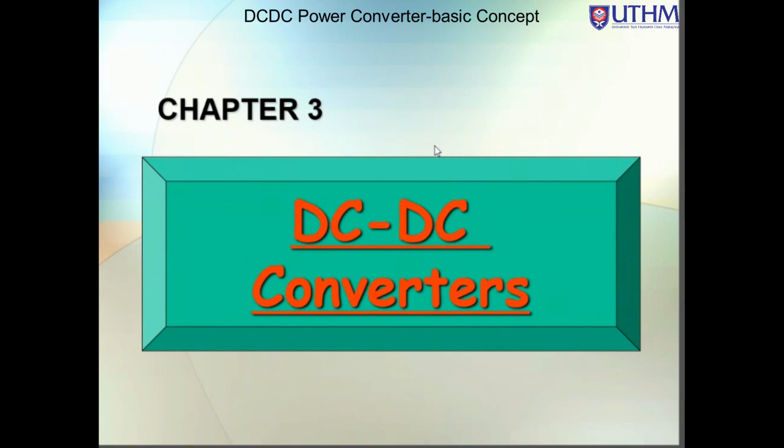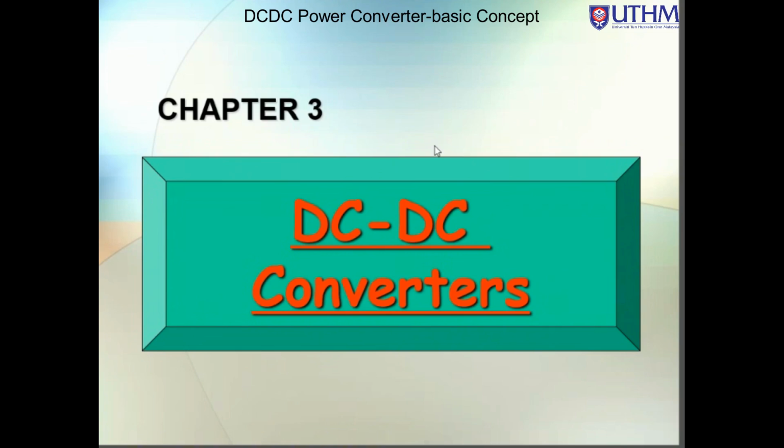So that means, let's say if we have AC supply, either sinusoidal or square wave, whatever, then we need our device to operate using a DC supply. So then we need to use a rectifier.